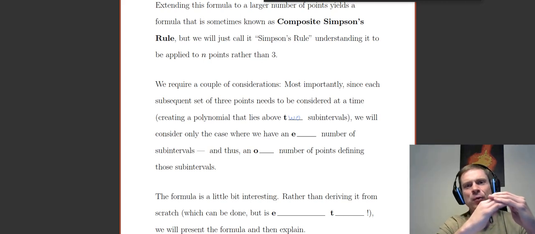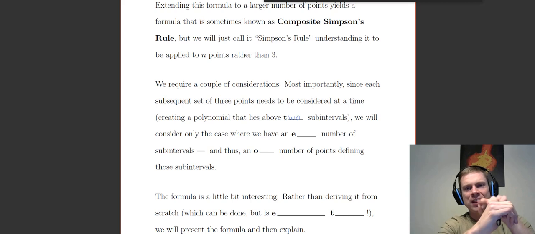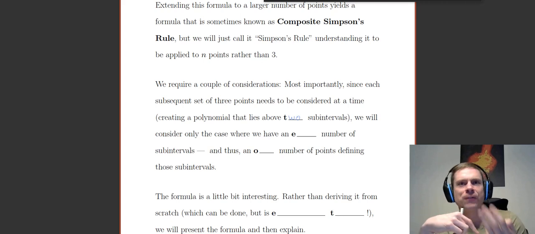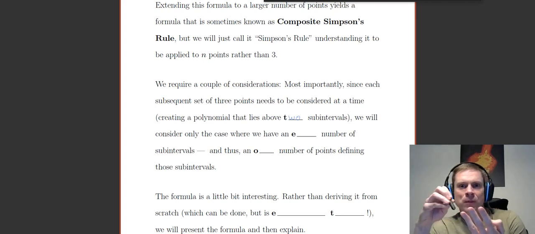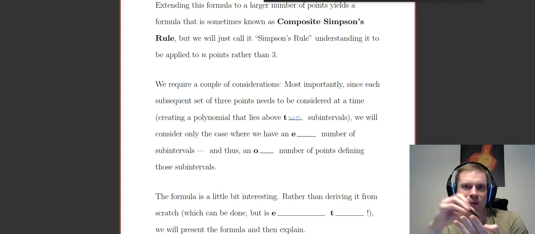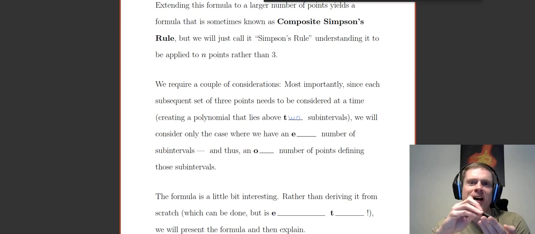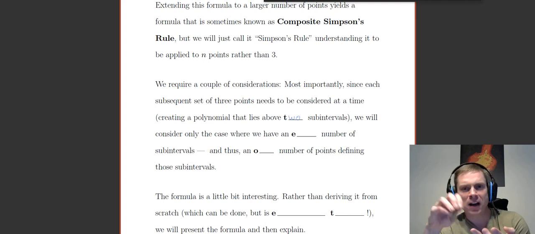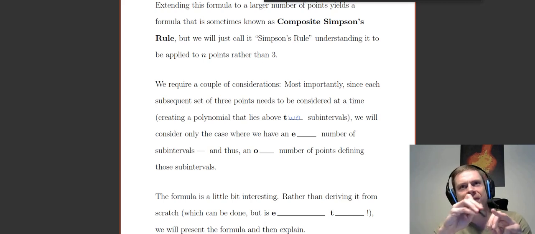So my next parabola I want to consider actually uses the third node as the new first node. And so the first 3 points will be approximated by the first parabola. And then I'm going to take points 3, 4, and 5 and find another parabola. And then I'm going to take points 5, 6, and 7 and use another parabola.